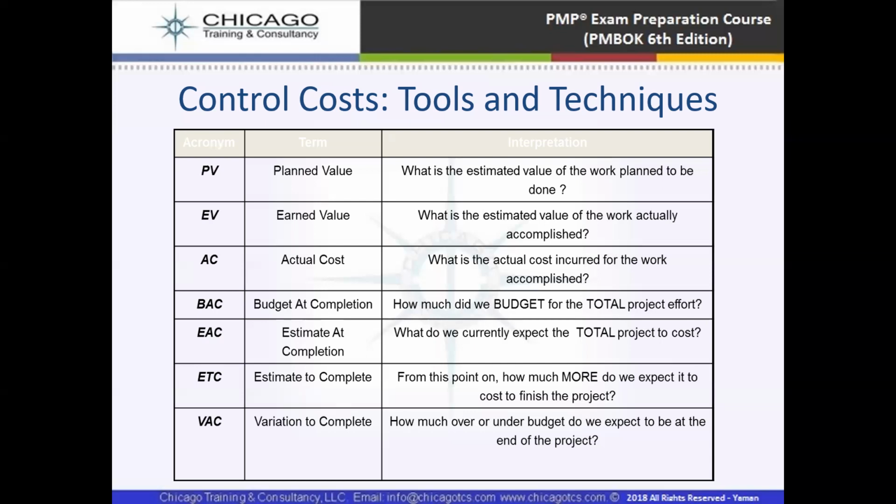Estimate to complete is how much more we expect it to cost to finish the project. And variance at completion is how much over or under budget we expect to end the project. So this is variance at completion.